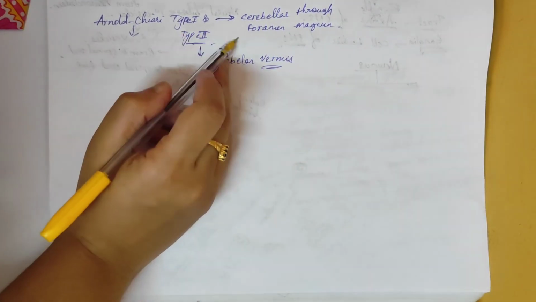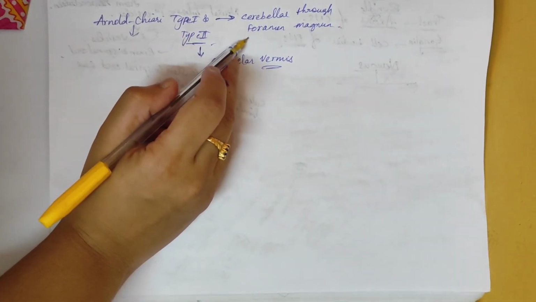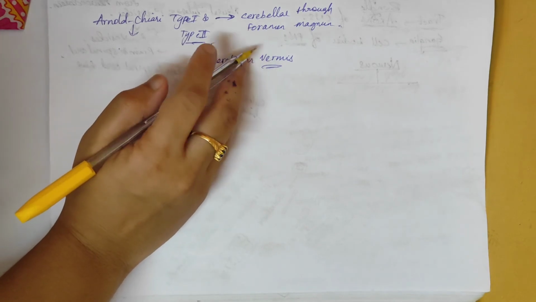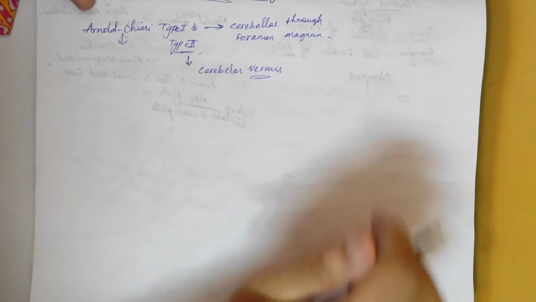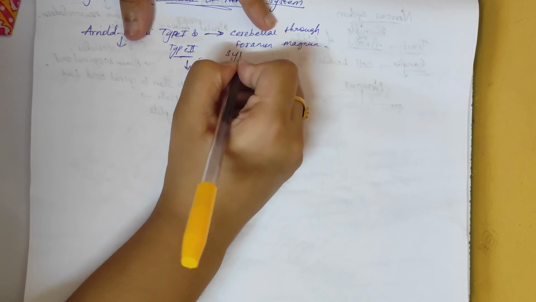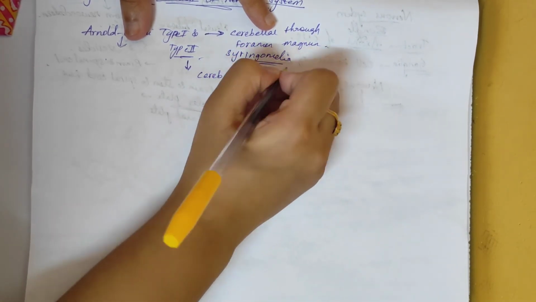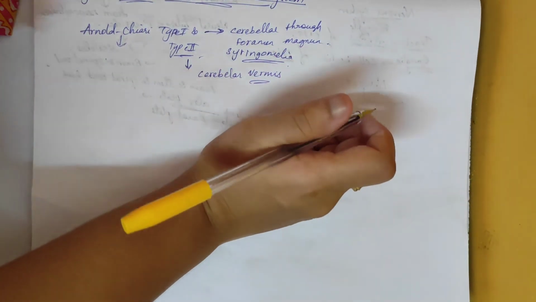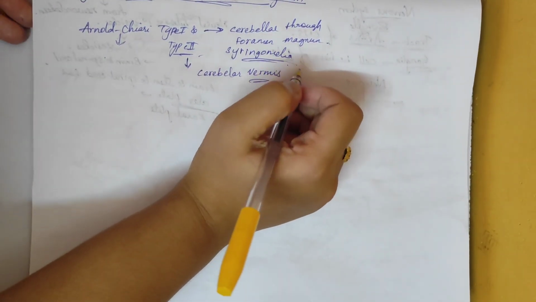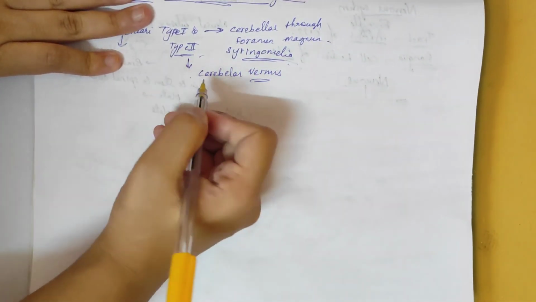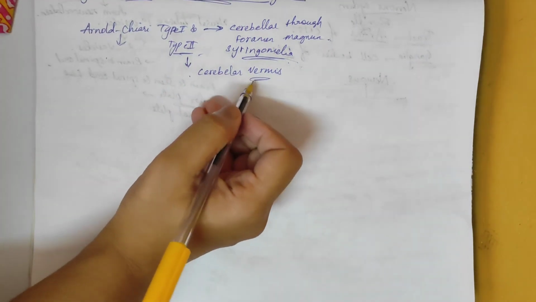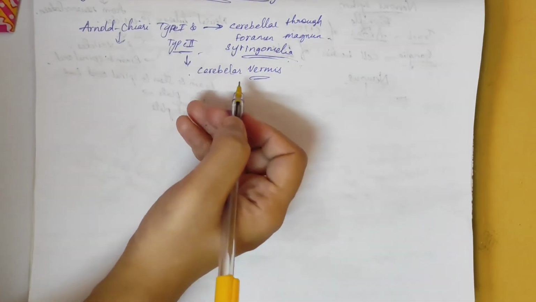Actually, this type 1 is asymptomatic in children, and it is also most common. We can see this associated with syringomyelia. What is syringomyelia? This is nothing but the enlargement of the central canal of the spinal cord. And next, type 2, this is downward displacement of the cerebellar vermis, which is symptomatic.